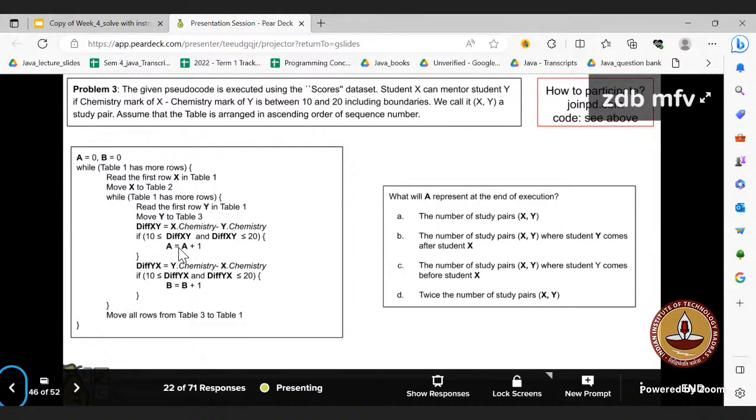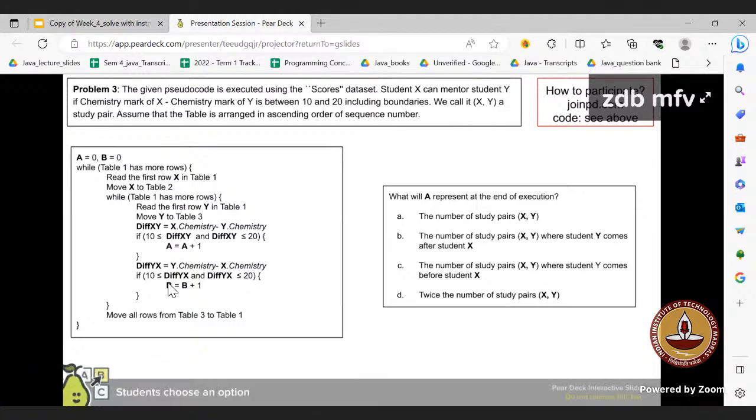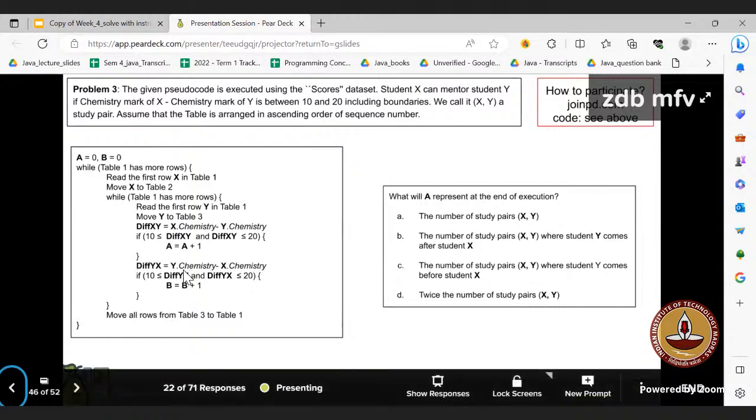No, ma'am, it will be counted in B. But if we are asked the value of A, you will tell the number of study pairs of x comma y only, even for B also.